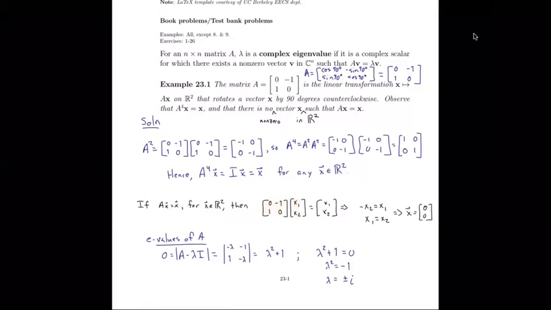And if that's going to be equal to x1, x2, in other words, the vector x, well, then that's going to imply some things. It's going to tell me that negative x2 equals x1, since this row times this vector is negative x2. So I get this equation. Also, it tells me that x1 is equal to x2.